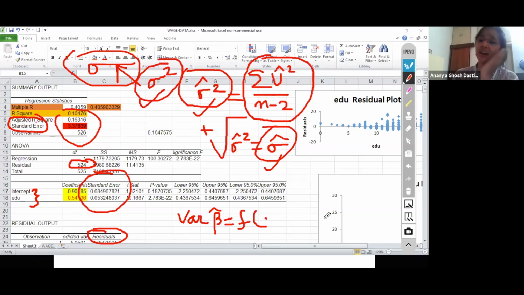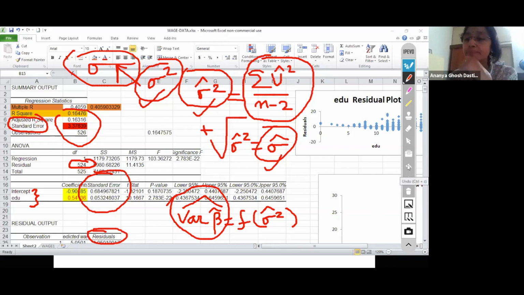And then we said, what do we do? We don't know sigma square. So we learned how to estimate sigma square. The minute we estimated sigma square, we also got an estimate of the variance of beta hat. You see this big hat over here? This is the estimated variance of beta hat. Why estimated? Because initially I did not know it, since it was a function of sigma square.